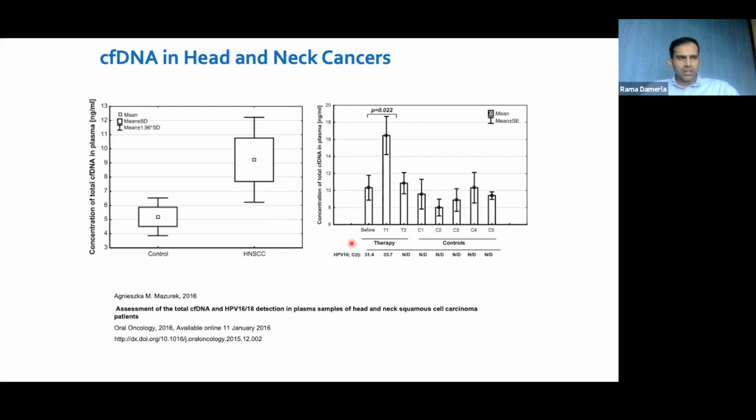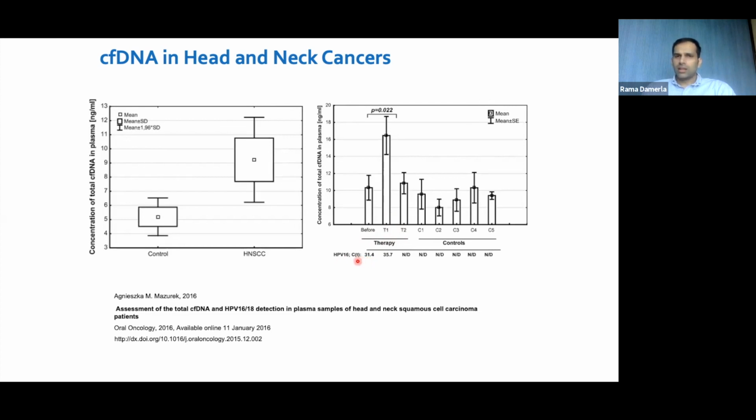You can see the patient samples before therapy and during therapy, and then these are different controls. Here there are 3 patient samples. One was taken before the therapy, one was taken after one therapy, and then after another therapy. Here you can see that before therapy, you can actually detect a lot of HPV-16.